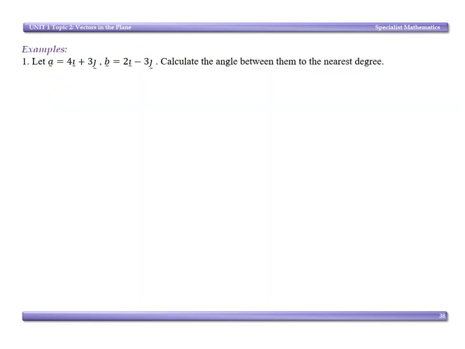So let's do an example. We've got two vectors A and B. Calculate the angle between them to the nearest degree. So let's write our formula. Now we have the vectors in component form, so we're going to use this version of the formula.